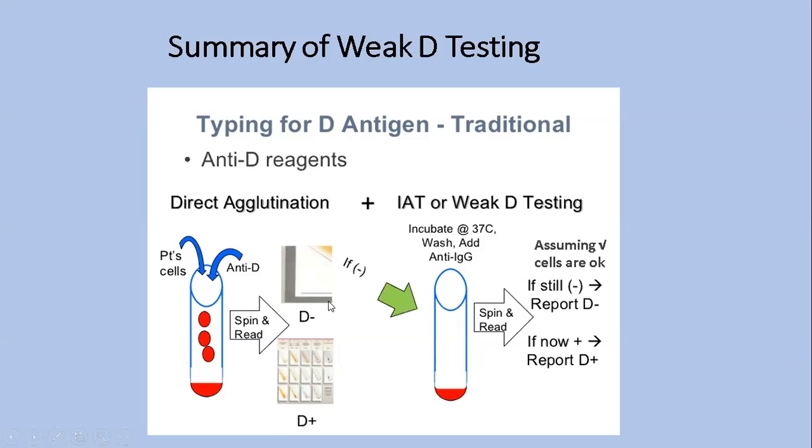Their blood is going to be labeled as Rh negative. Their cells could be given to an Rh negative recipient, but remember, they really have D, okay, in a weak variety. That Rh negative recipient can now be sensitized, exposed to the D antigen, and make antibodies against it. Okay, so we don't want to miss it in that respect.